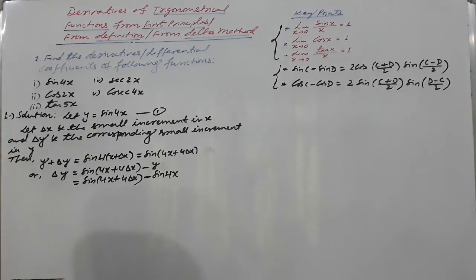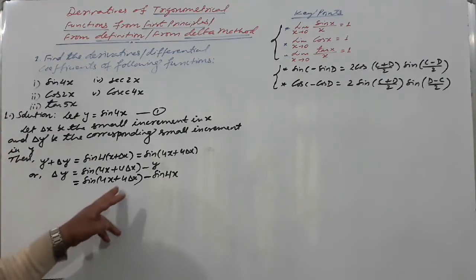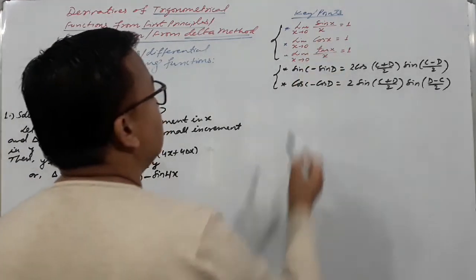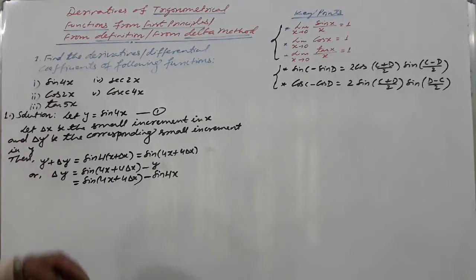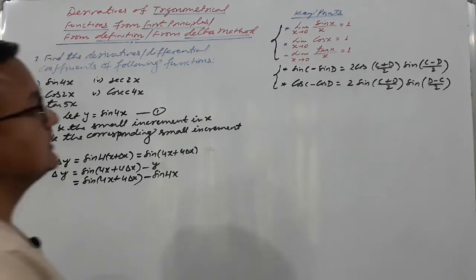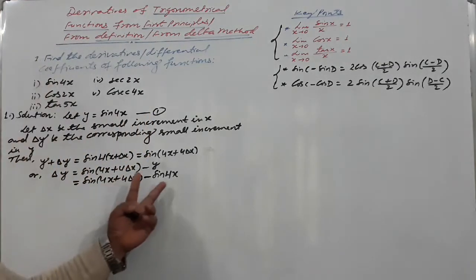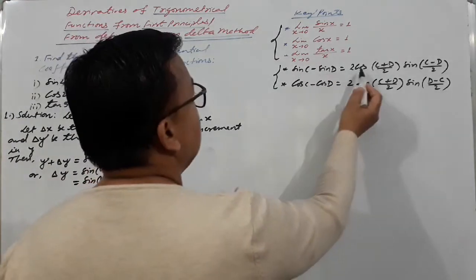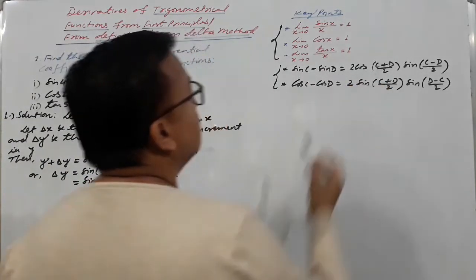Now how to simplify? We have the sine c minus sine d form, right? Here I have written some key points, whatever we need to crack down on to find the derivative of these functions. This line is in the form sine c minus sine d, and I have already written the formula for it.